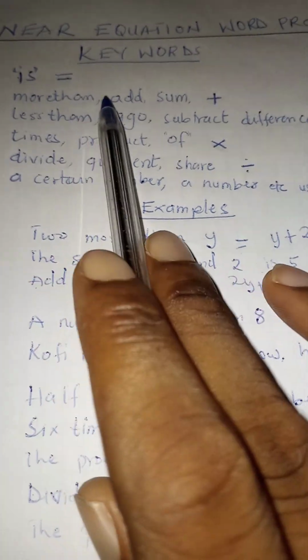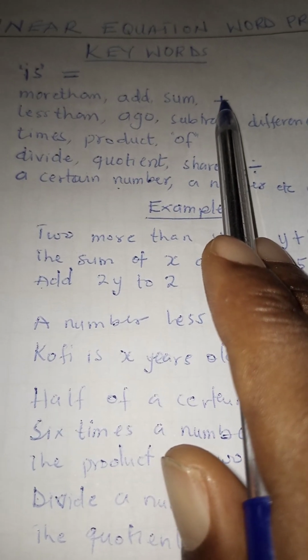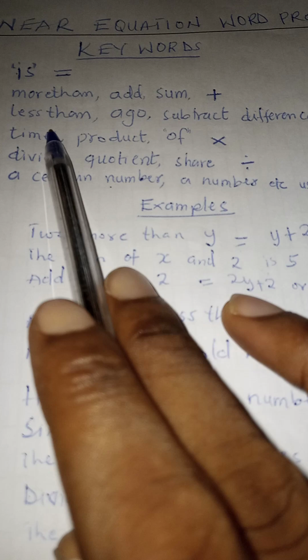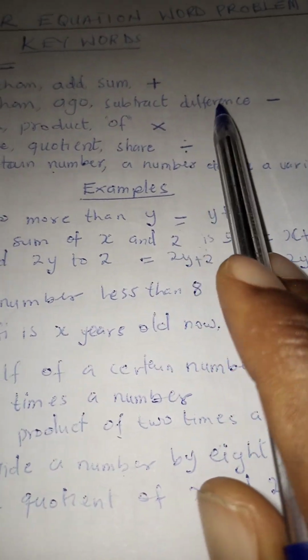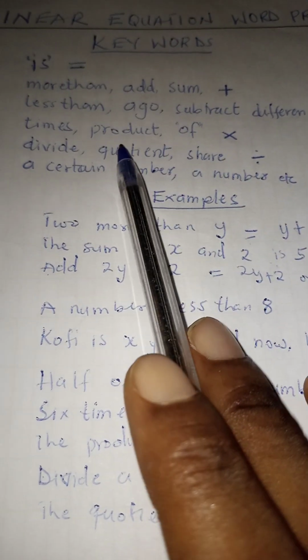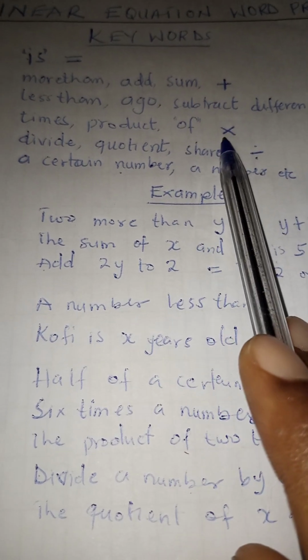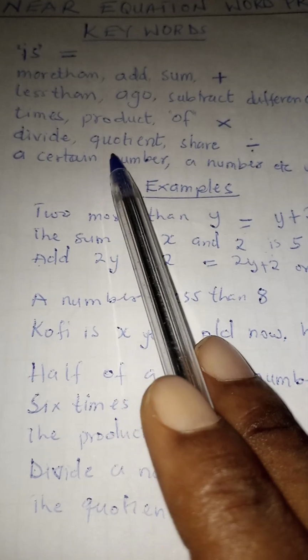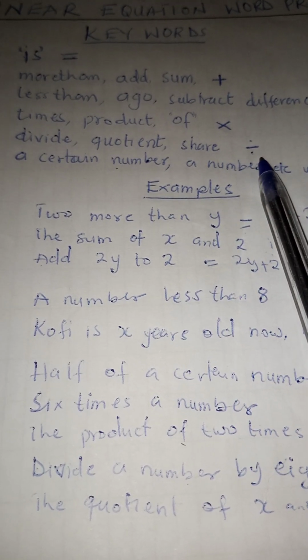Then we have more than, add, sum, that goes with plus, addition, right? Then less than, ago, subtract, difference, go with minus. We have times, product of, go with the multiplication sign; divide, quotient, share, also go with division.